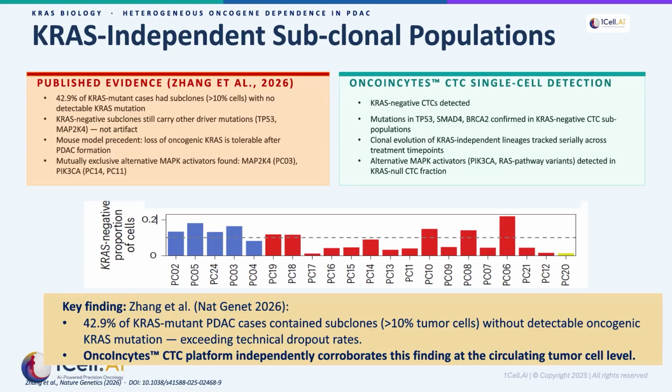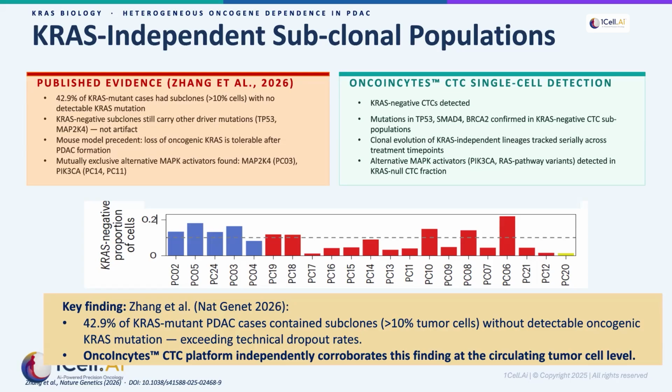And this is precisely what we're seeing as we follow individual CTCs and see that there are different clones of CTCs, and not all of them retain their KRAS. So for instance, we're seeing KRAS negative CTCs.